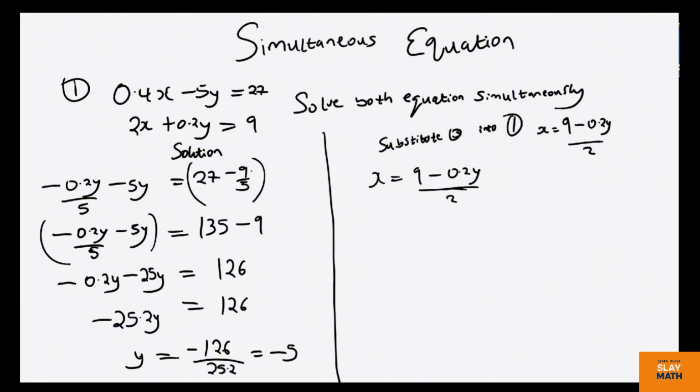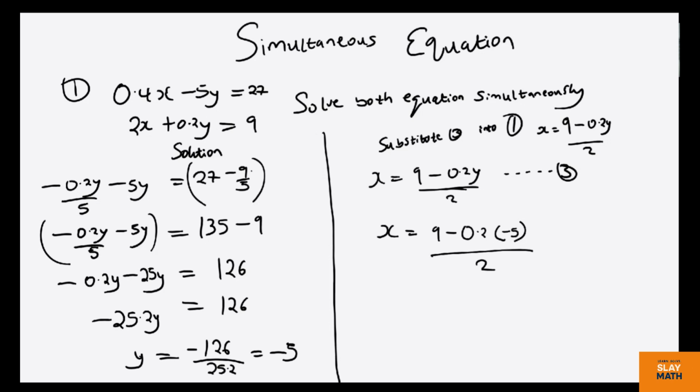So now we have a value for y, which is minus 5. We can substitute the value for y into equation 3, right? So when we do that, we're going to have x is equal to (9 minus 0.2 times minus 5) over 2.